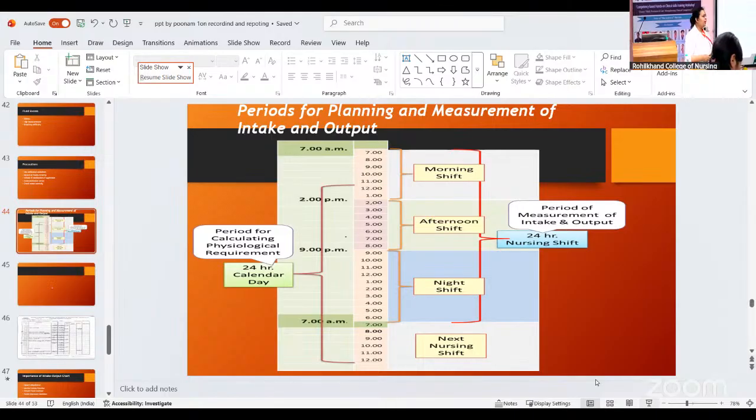You have infused 1000 ml NS in your shift, but what you will write in total? Huh? 700 ml. Then remaining 300 ml, where will you write?